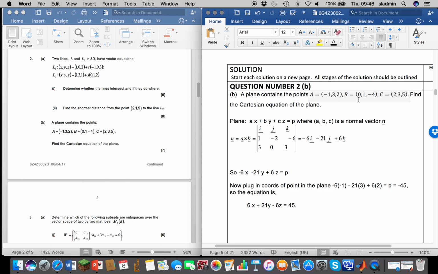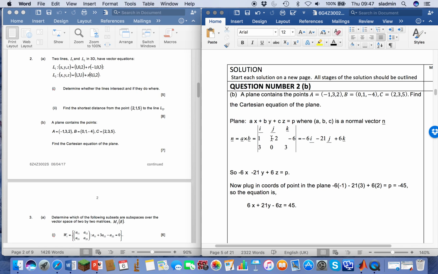To find the vector AB, we just do B minus A. So this first row here is the vector B minus A, which gives us the vector (1, minus 2, minus 6). Similarly, you can find the vector AC, which would be C minus A. So this vector here is C minus A. These two vectors lie in the plane.